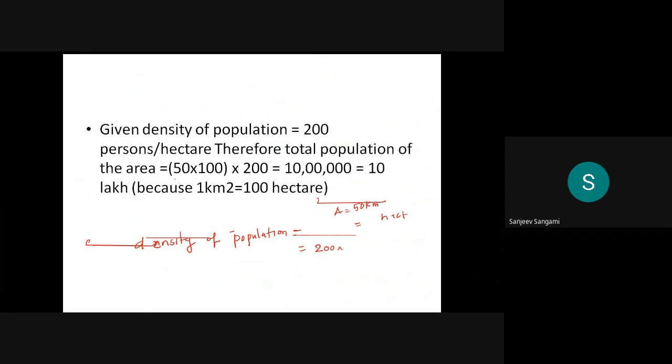So you can see that 50 is multiplied by 100, because 1 square kilometer is equal to 100 hectares. That is why I am multiplying by 100 hectares. Then it is multiplied by the 200 population. If you do that, you get 10 lakh.